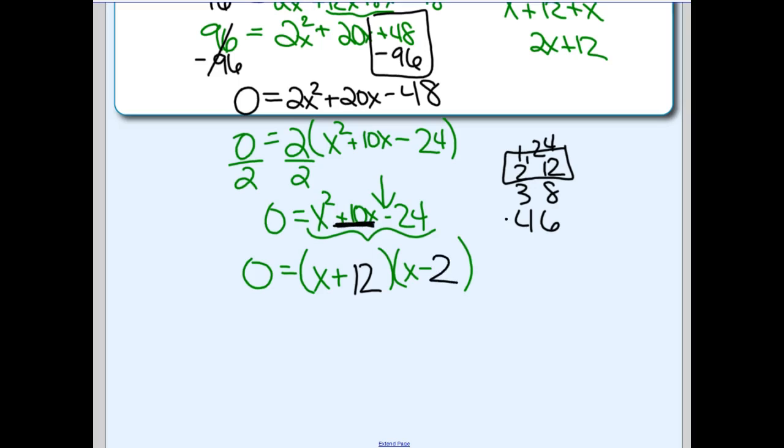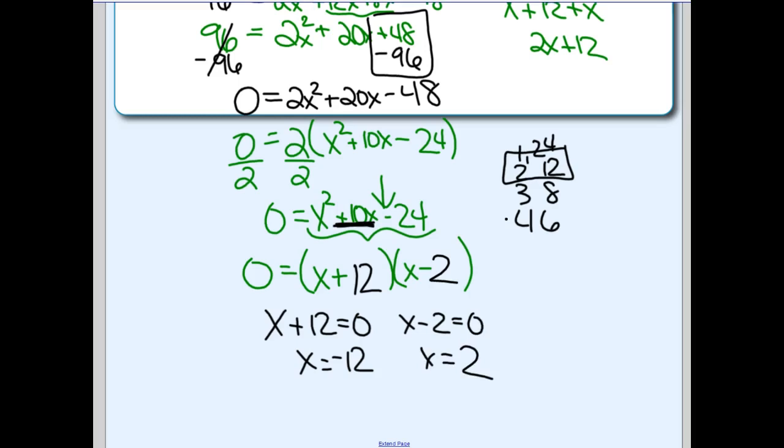If the whole thing equals 0, so x plus 12 equals 0, x equals negative 12. X minus 2 equals 0, so x equals 2. Now remember, we're talking about length and width, so we're going to have to reject this negative 12 because length and width can't be negative, so that means x equals 2.